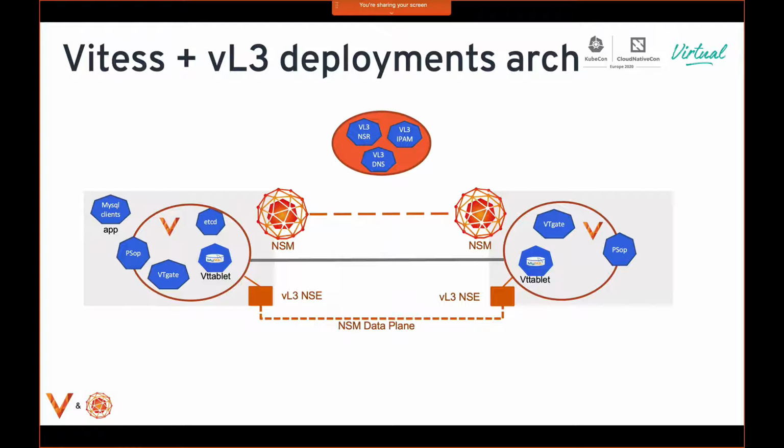And the VT-Tablets can reach each other across the connectivity domain, which solves your multi-site data replication use cases. So both of these use cases are solved just by this single type of deployment.